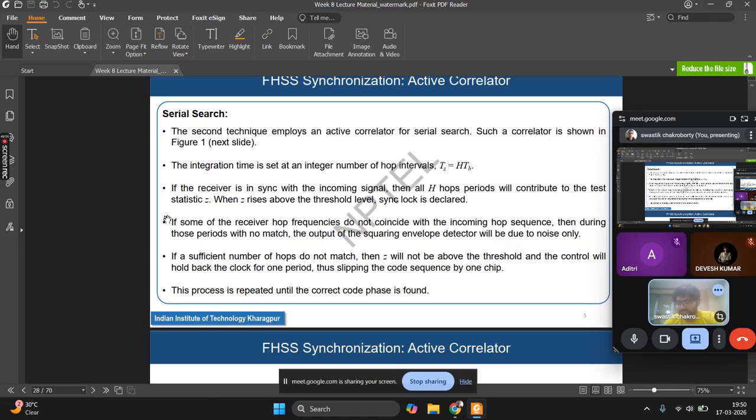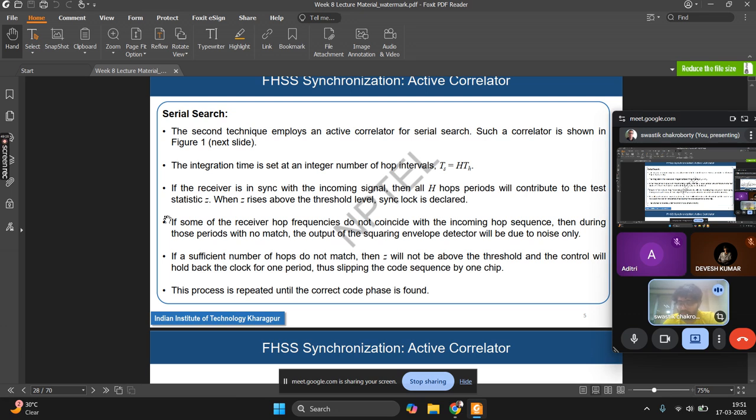So in this way, when there is a hop mismatch, you are only adding noise. Whereas in the parallel search, because we were multiplying with all the hops simultaneously, even in the case of mismatch we were passing the entire signal power.